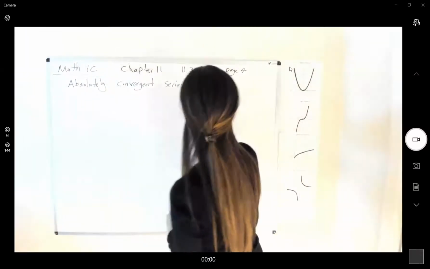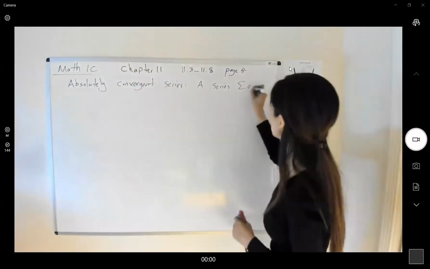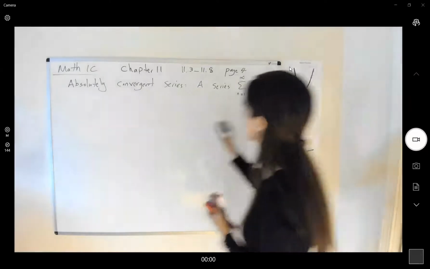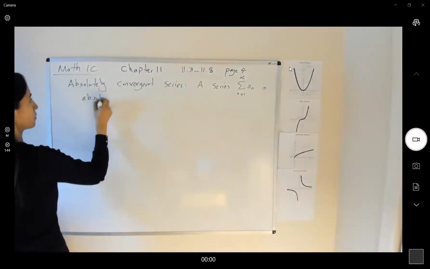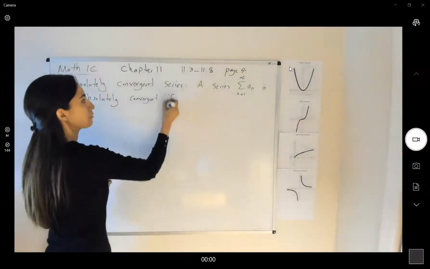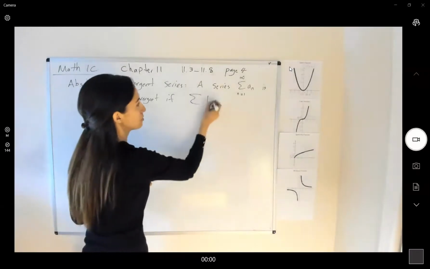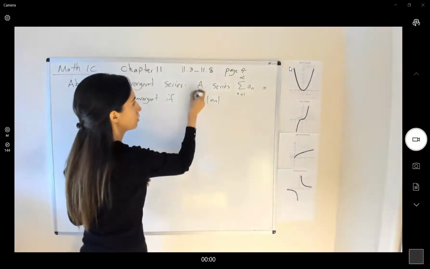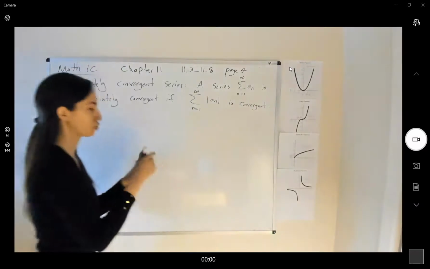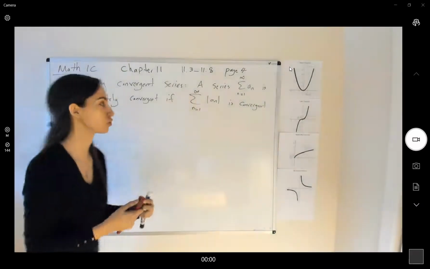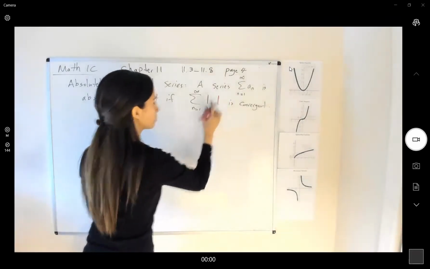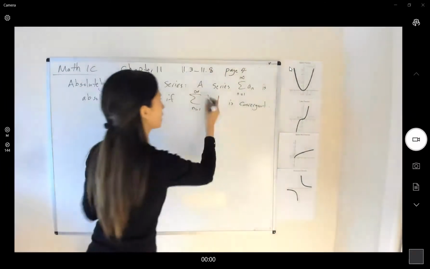A series sigma an, from 1 to infinity, is absolutely convergent if the sum of its absolute value, from 1 to infinity, is convergent. So we are taking the absolute value of the general term.